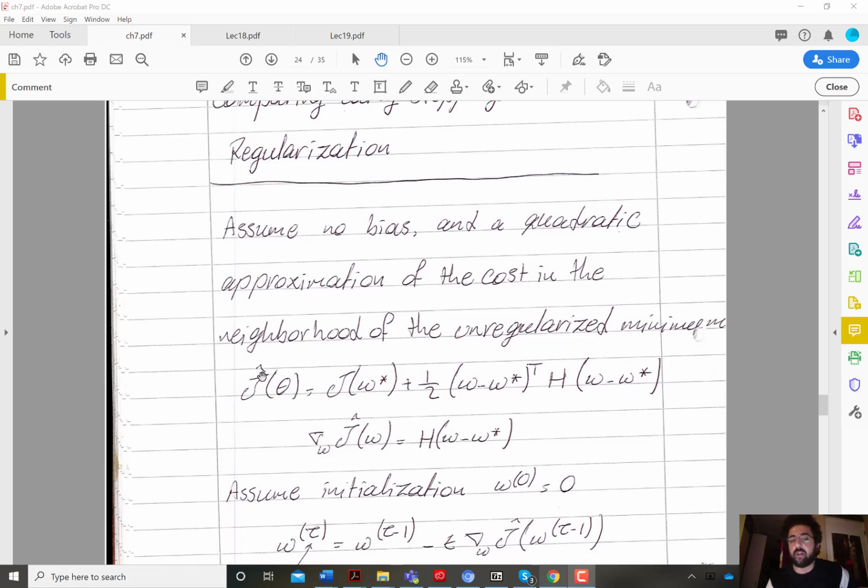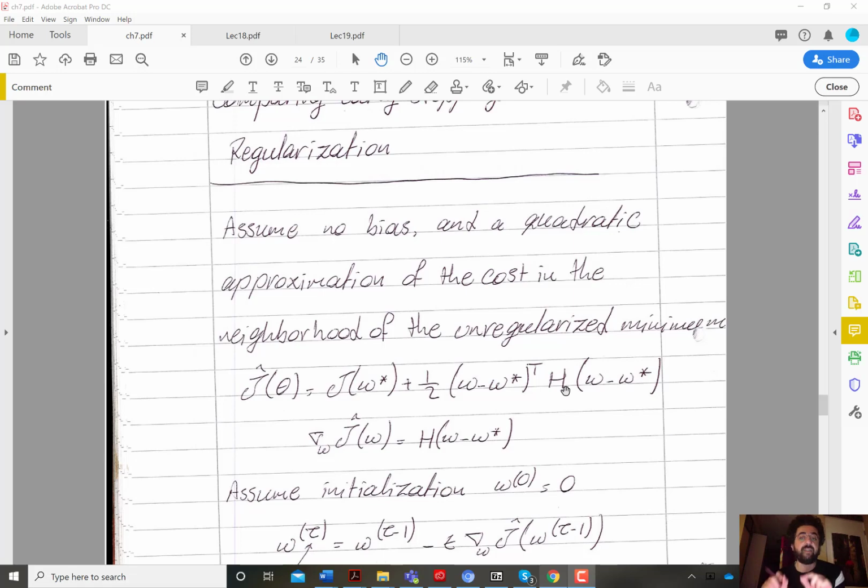So J hat of theta will be equal to the unregularized cost at omega star, plus, sorry, the gradient. There is a first order derivative term that will be equal to 0 because omega star is the optimal. So the gradient of J with respect to omega at omega star is equal to 0. And then the second order derivative term is given by half omega minus omega star transpose times the Hessian.